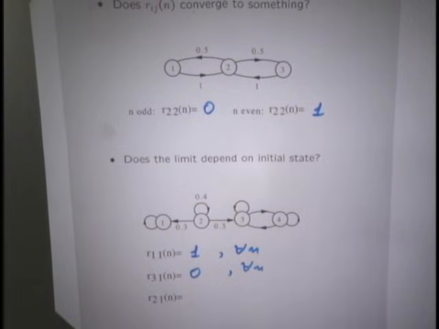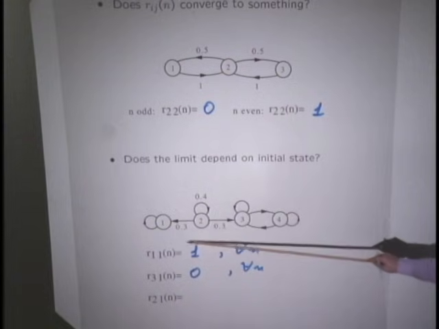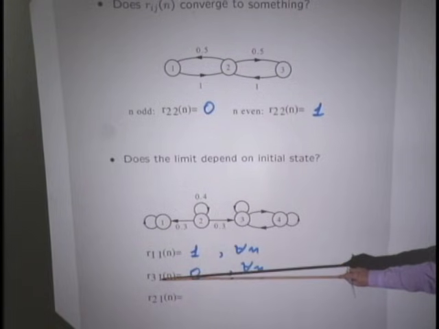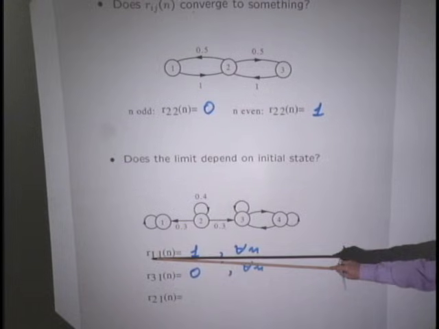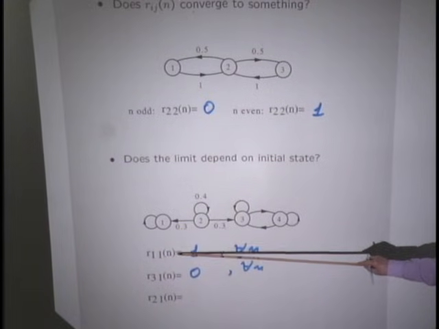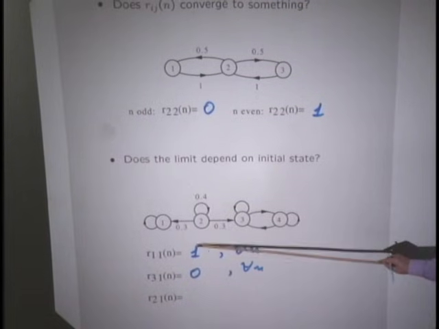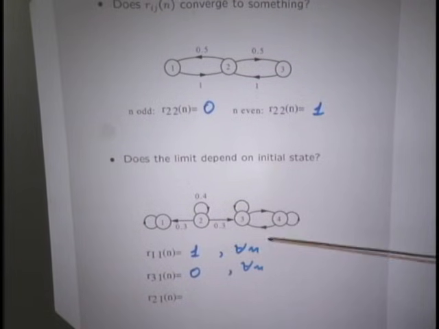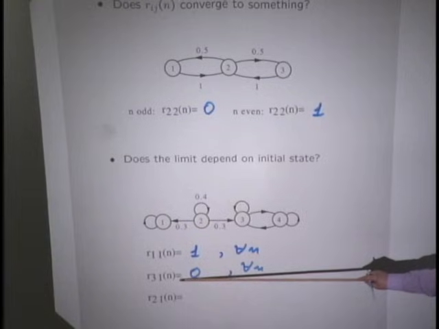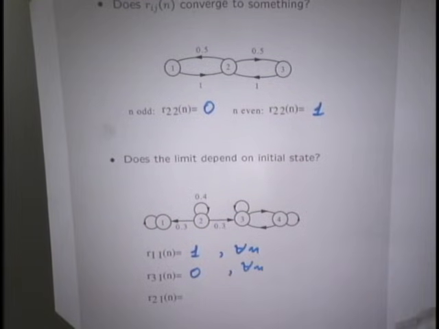Okay. And so this is a case where the initial state matters. R11 goes to a limit as n goes to infinity, because it's constant, it's always 1, so the limit is 1. R31 also has a limit, it's 0 for all times.